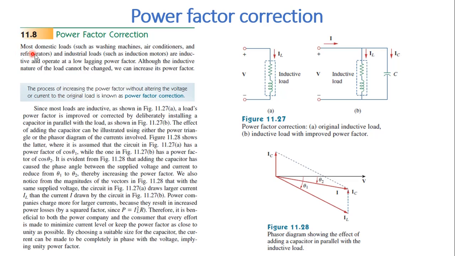So here, power factor correction is what we are going to talk about. Most domestic loads such as washing machines, air conditioners and refrigerators, which are the most commonly used loads in household areas, and industrial loads such as induction motors are inductive and operate at a low lagging power factor. These loads are inductive in nature by construction itself, and we cannot do anything about that.